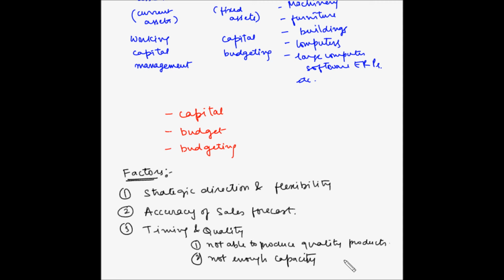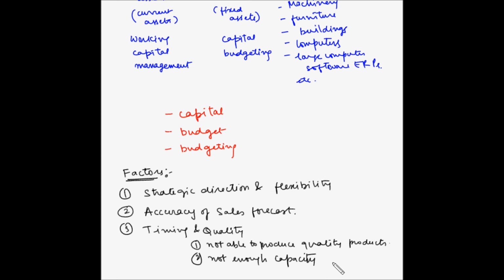It also requires that the firm foresees its needs in the future and purchases capital assets at the right time. Because if you realize that you have to expand your production capacity when the demand is already at its peak, then you will miss out on the opportunity because you won't have enough capacity to produce when the demand was at its peak. So, timing is very key. So, this is what makes the capital budgeting decisions so important for a firm.